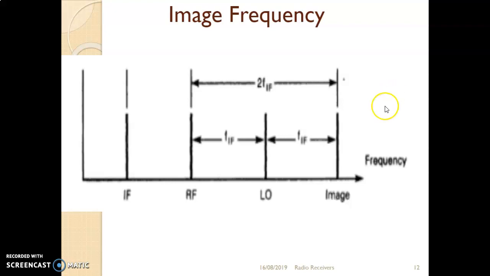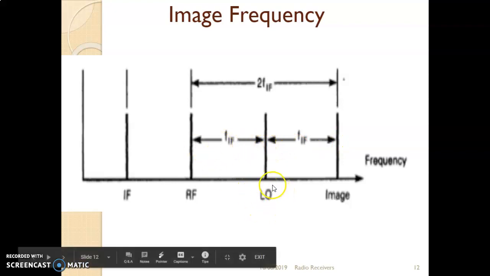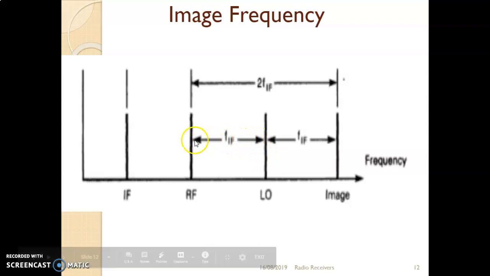So image frequency is separated from the local oscillator by the same amount as your RF is separated. So this is your local oscillator frequency. RF is separated by IF, and image is also separated by IF. That is why it is IF.